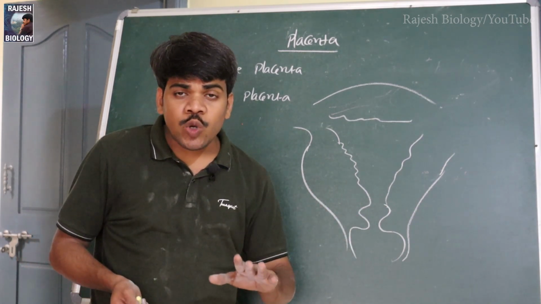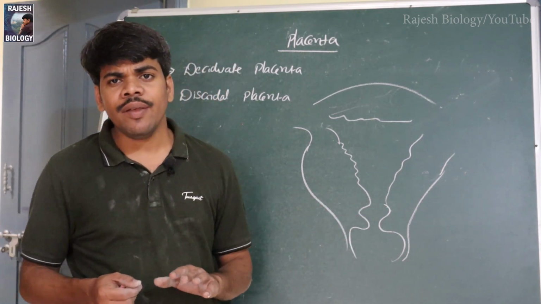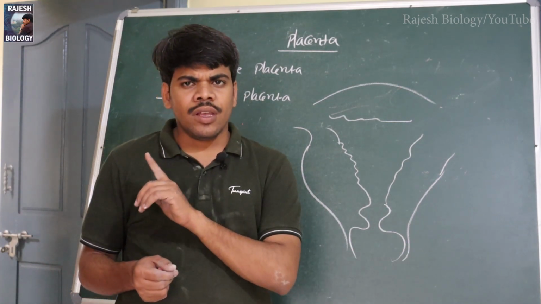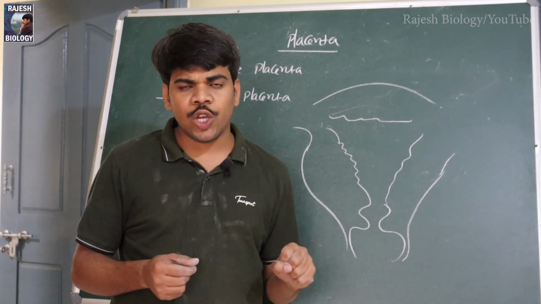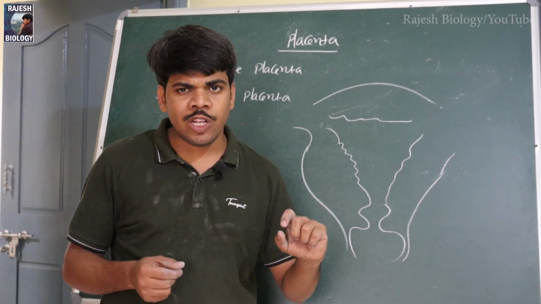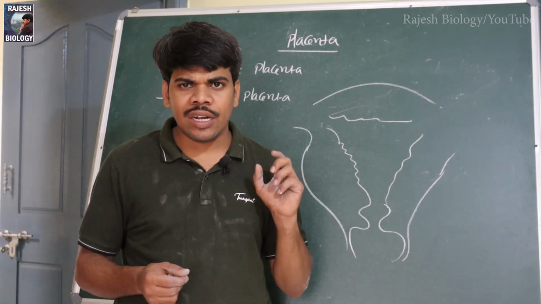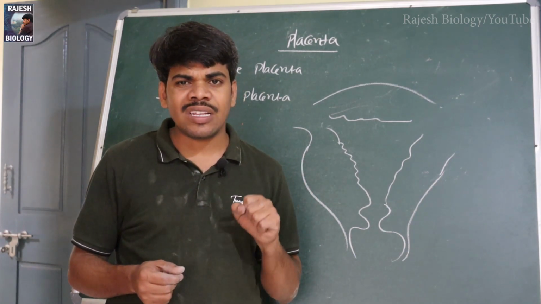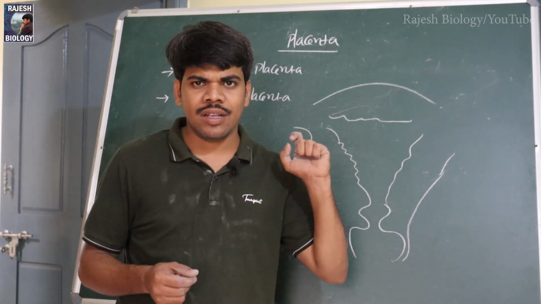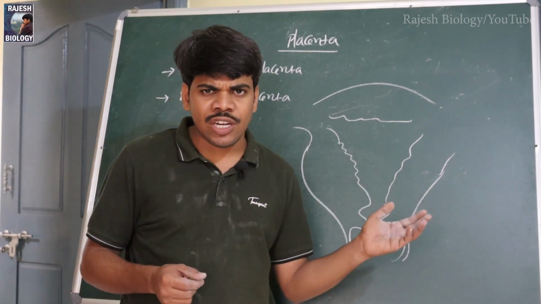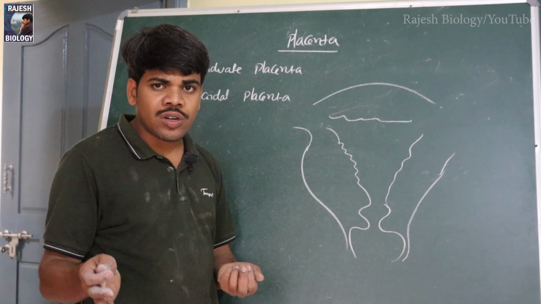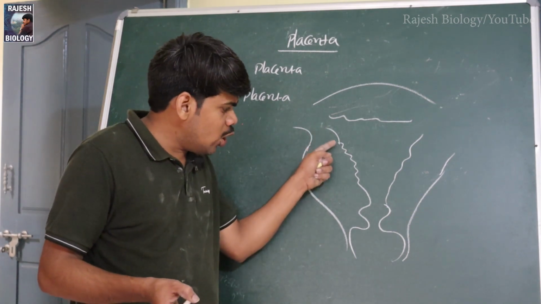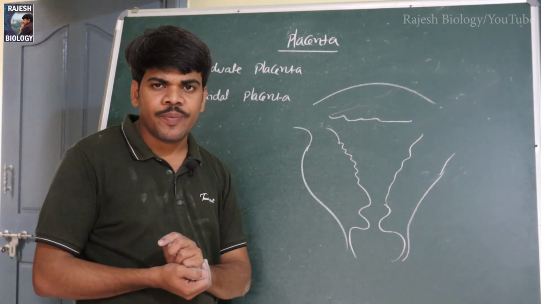Why? Because LH hormone concentration decreases. When LH decreases, the corpus luteum degenerates. The regression of the corpus luteum results in a corpus albicans. When corpus luteum regression takes place, progesterone levels fall down. When there is no sufficient amount of progesterone, the endometrium ruptures and releases out.